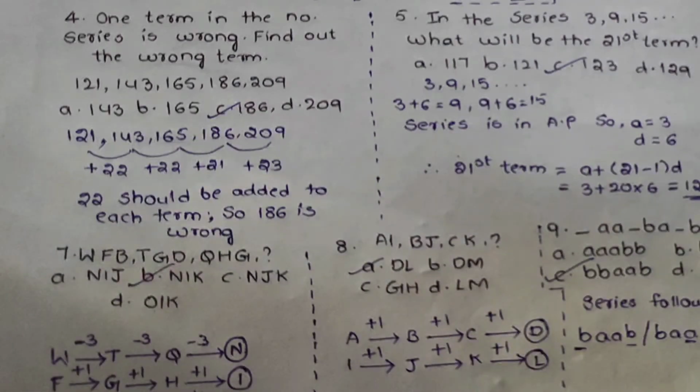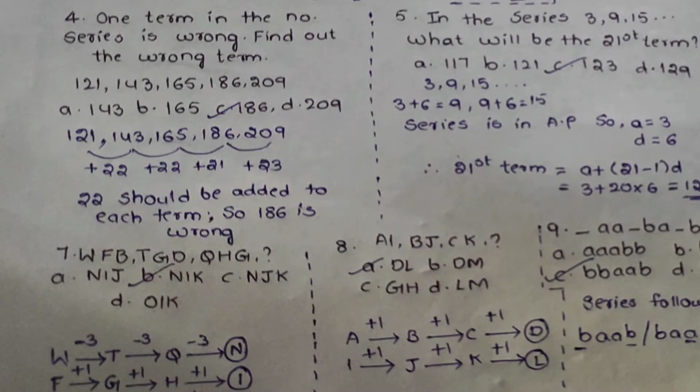And next, if you add 22 to 165, you get 187. But here they have given 186. And similarly, if you add 22 to 187, you get 209, right? But here the difference between 209 and 186 is 23, and the difference between 186 and 165 is 21. So here instead of 187 they have given 186. So this will be the wrong term and the option is C.